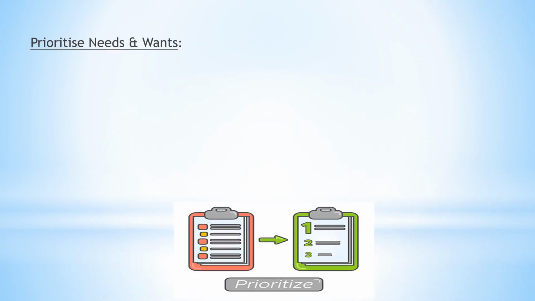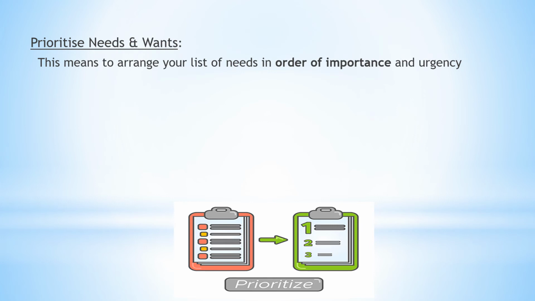The last heading for this class is prioritizing needs and wants. Prioritizing needs and wants means to arrange your list of needs or wants in order of importance and urgency. So these lists have to be rearranged into the order of importance.